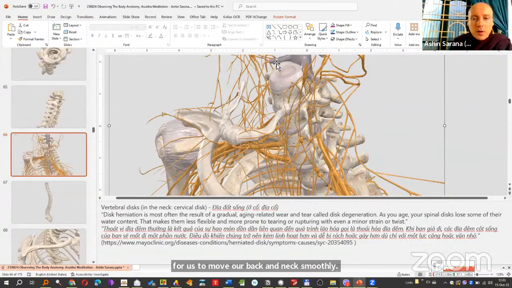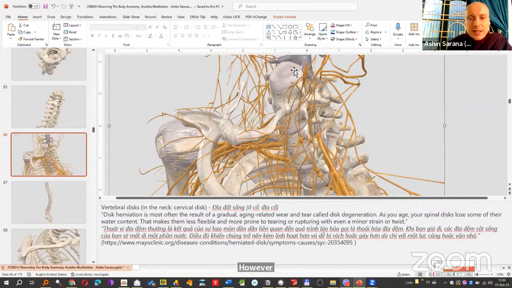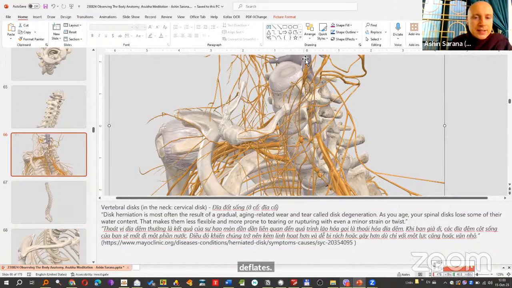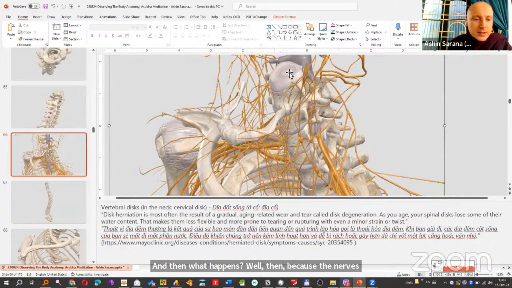However, when we get old, sometimes the liquid in these vertebral discs discharges. And so the vertebral disc deflates and it is no more soft. It doesn't provide that soft cushioning between the vertebrae. And then what happens? Well, because the nerves are no more cushioned and they are rubbed over by the strong, hard bones, it is pretty painful.